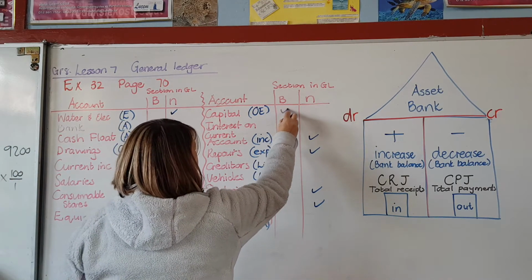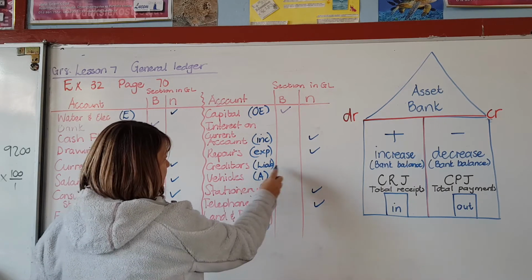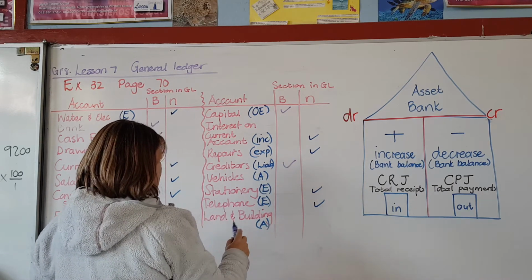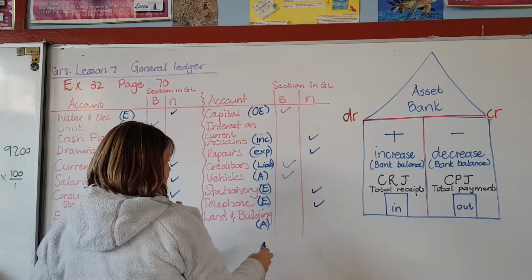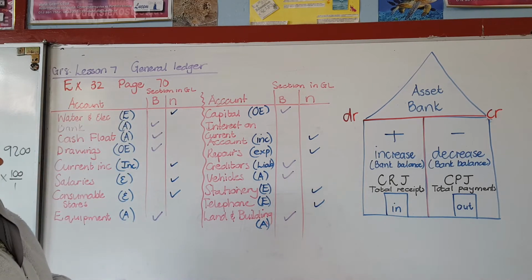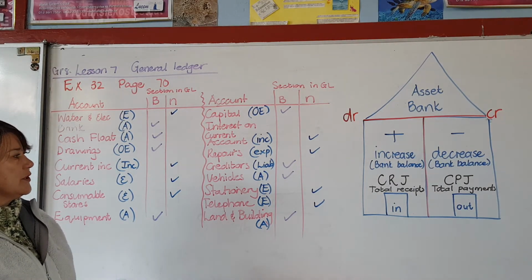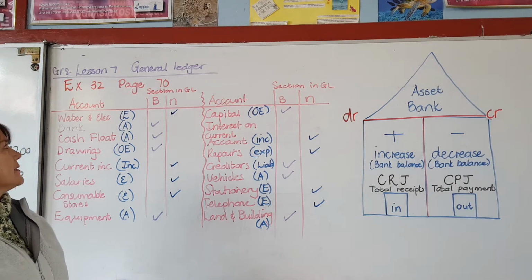Owner's equity, balance sheet, liability, creditors, balance sheet, and then vehicles is an asset, and land and building is an asset. That's why it will be in your balance sheet section. Alright, so that was exercise 32.